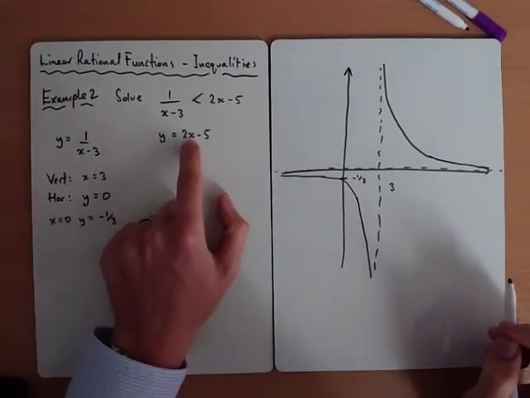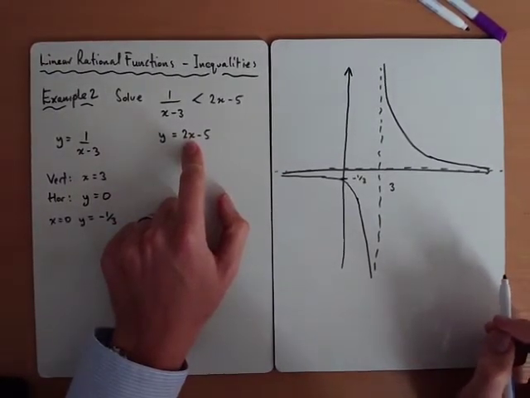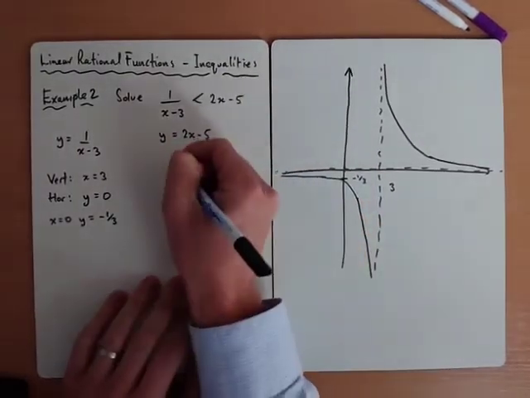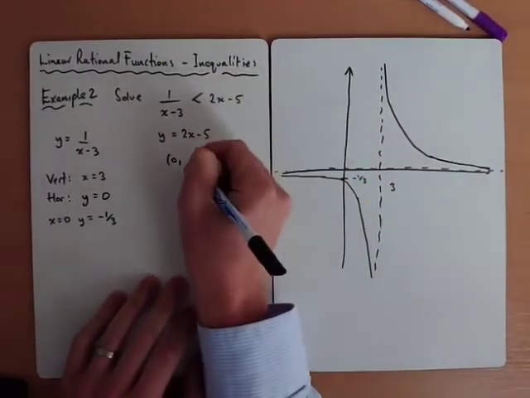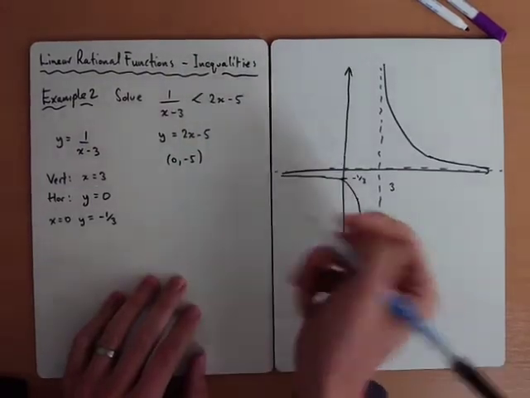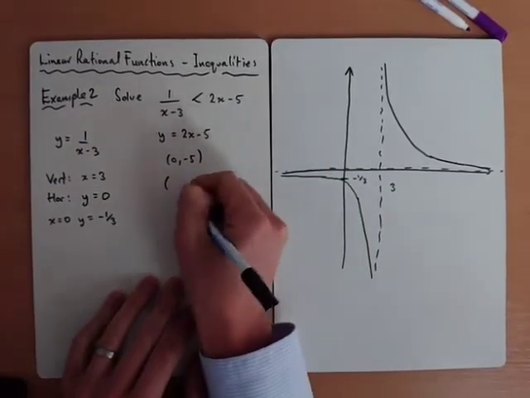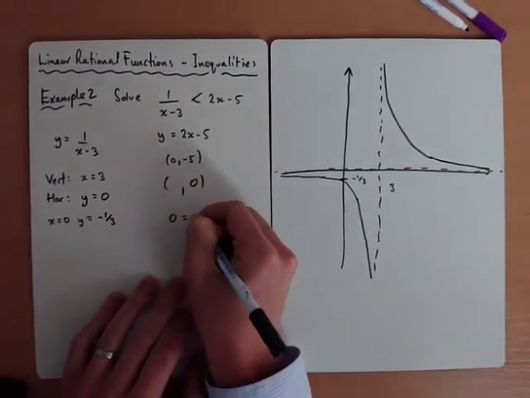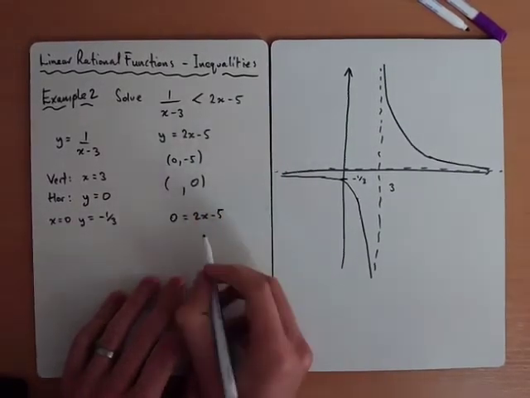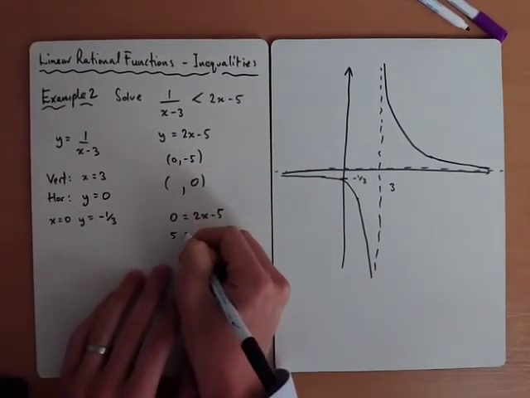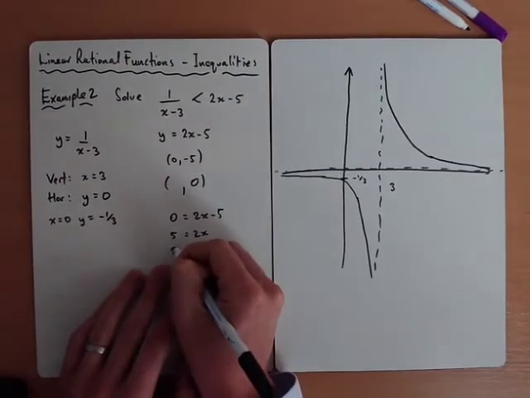Okay, for this one, if you weren't sure about what this looks like, just sub in a few values. So if x equals 0, y would equal minus 5. And if y equals 0, solving this, you'd get 5 over 2.